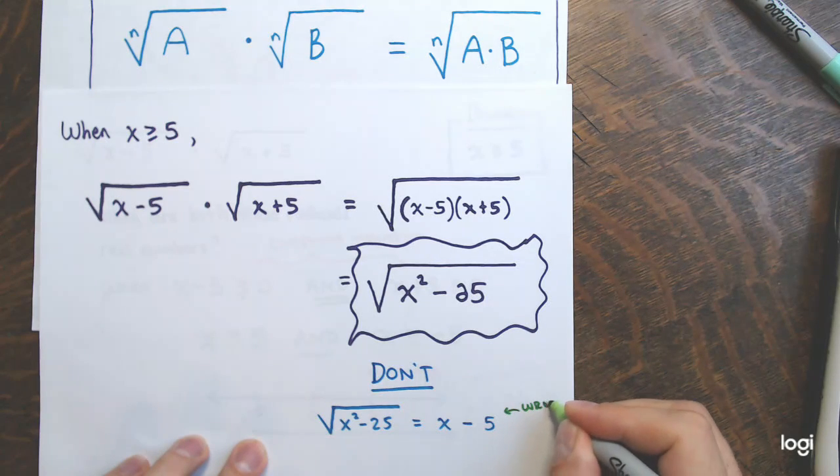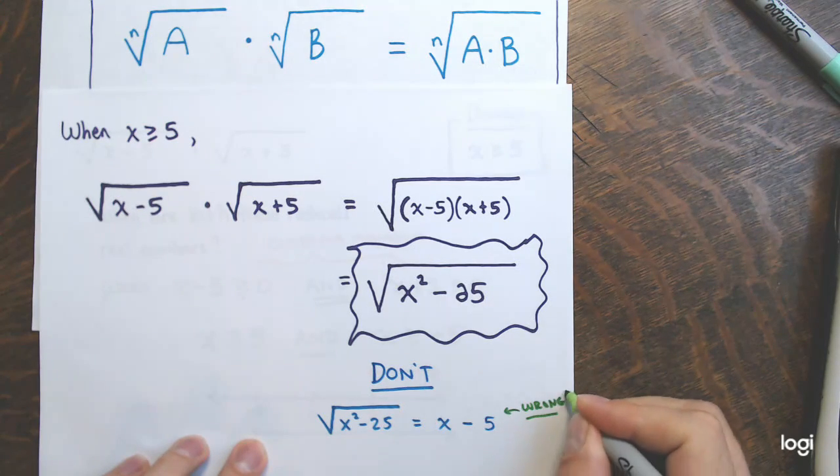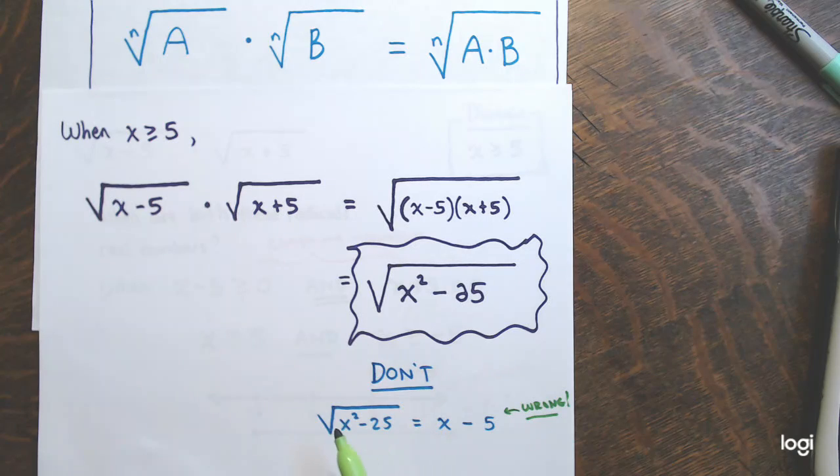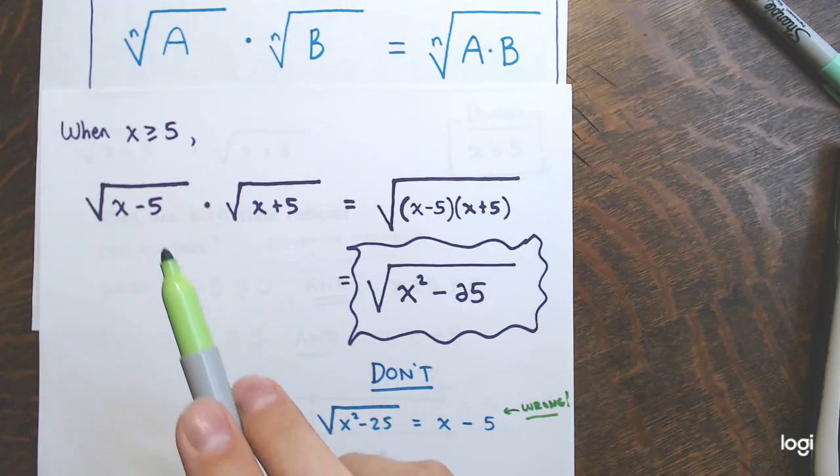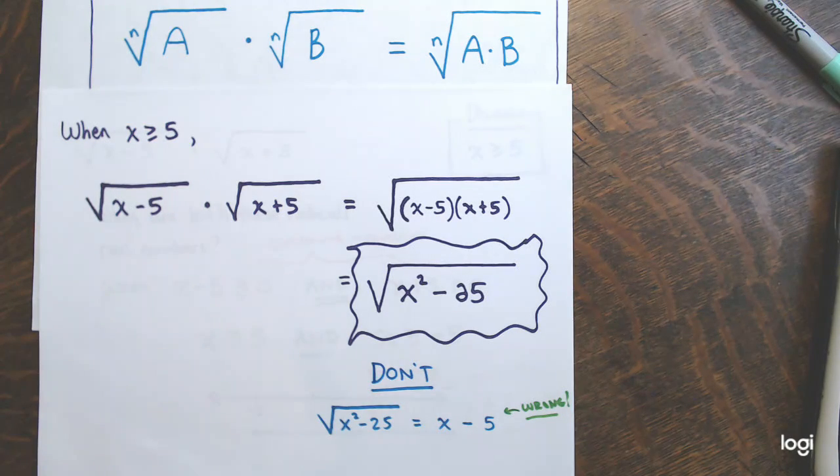And it's very easy to check that this is wrong, because all you need to do is plug in some value for x and see that they're not the same. How about if x were, again, just pick a number greater than 5 here, how about 6?